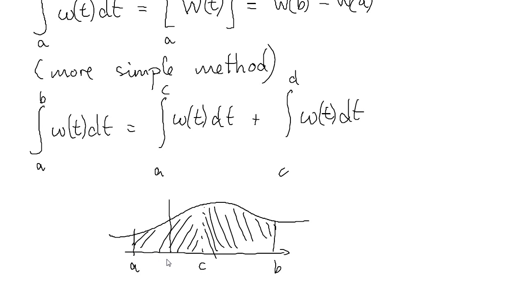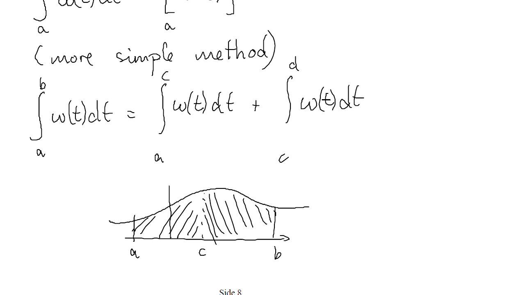This is a useful method, especially when the function w of t is described piecewisely. For example, we have one description of the function from a to c and another from c to b. Then we can divide this integral into two parts, or more parts if we need that.